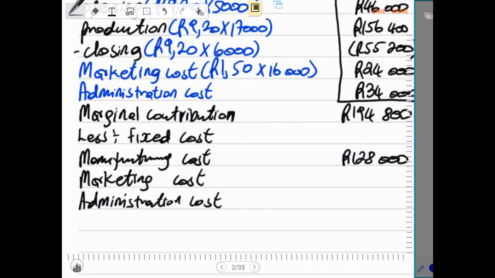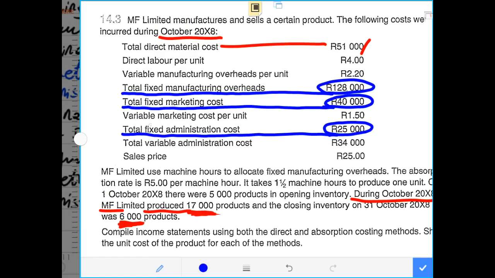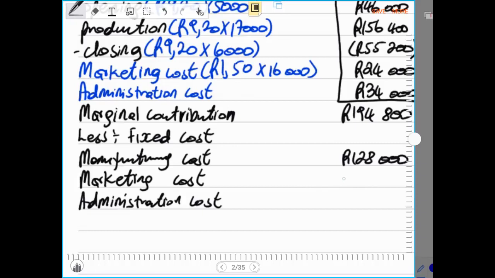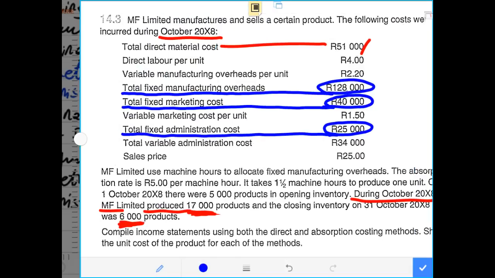And our marketing cost, which is also fixed, is 40,000. Then we write our marketing cost of 40,000. Then the last one is the fixed administration cost, 25,000 rands.